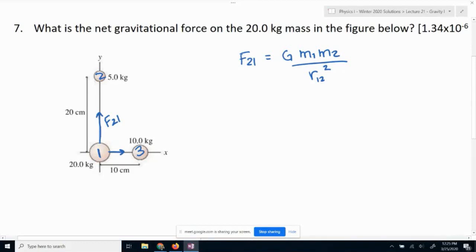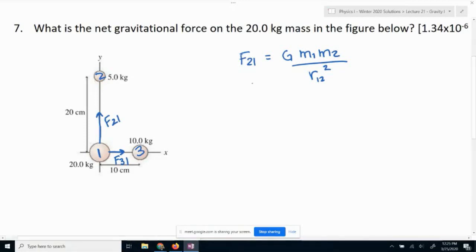And then you'll have to think of whether the charges are like charges, then they repel, or are they opposite charges, then they attract. But for gravity, they always attract. Okay, so this one, we would call it the force of 3 on 1. So we're really just drawing a free body diagram of object 1 because the question wants the net gravitational force on the 20 kilogram mass only. So we're doing a free body diagram of object 1.